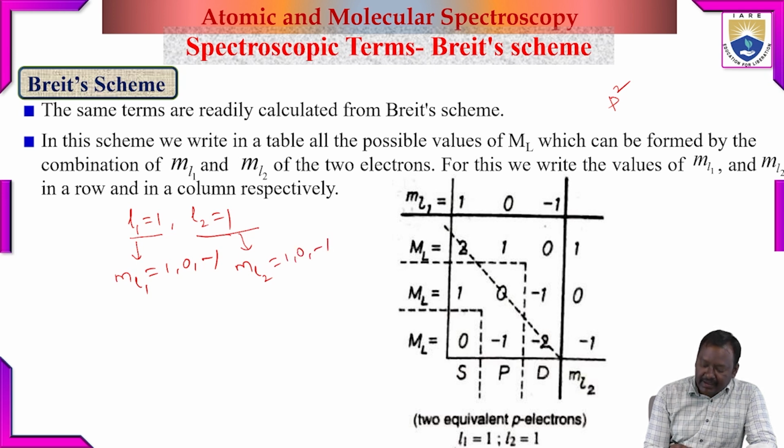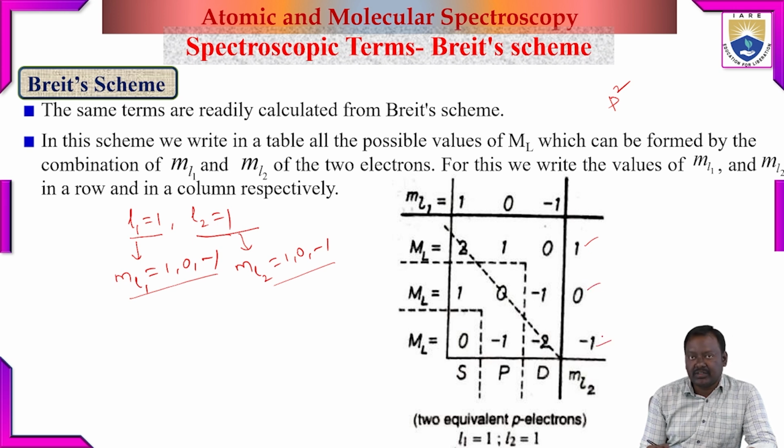In this scheme, we write the ML1 values horizontally, 1, 0, minus 1, and the ML2 values vertically to the side, 1, 0, minus 1.